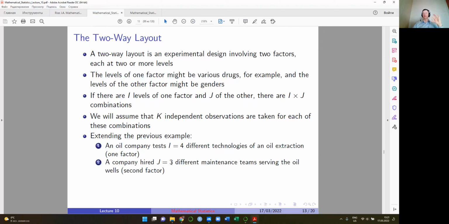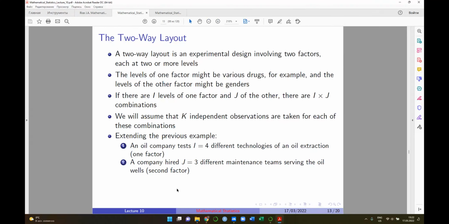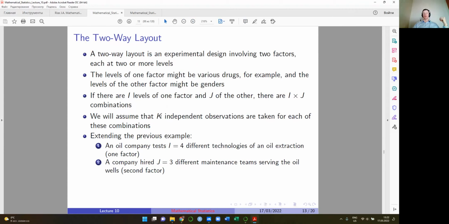And they are rotating around these oil wells. And they can also influence the production of oil. So we have J equals 3, and those 3 different teams are 3 different levels of the second factor. And we have assumed that we have capital K independent observations which are taken for each of these combinations.